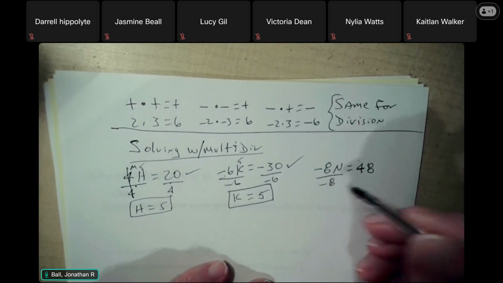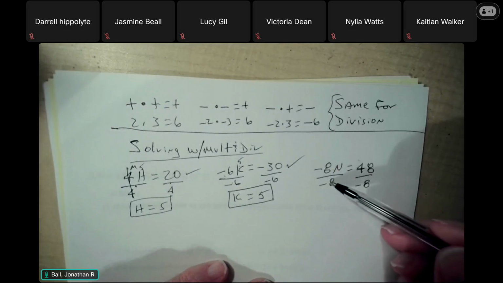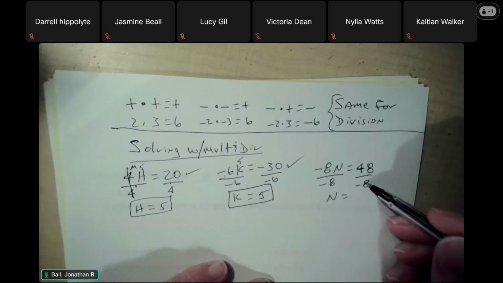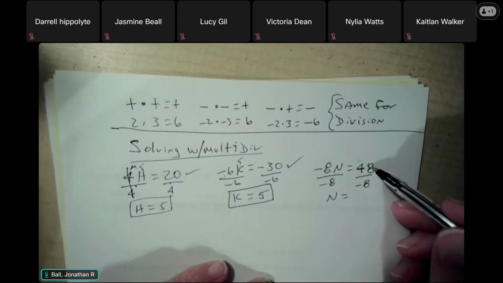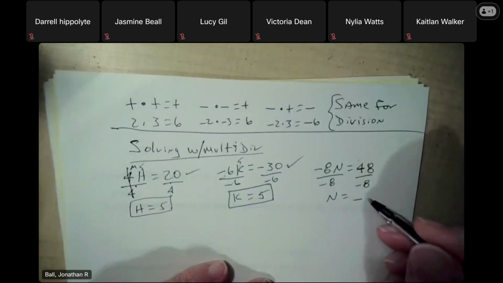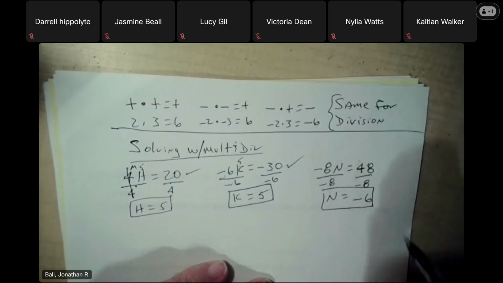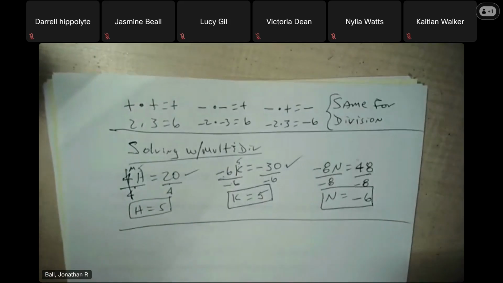Divide by negative 8, divide by negative 8. Negative 8 divided by negative 8 is a positive 1, or just n. Now, positive divided by negative is a negative. Everybody okay with this?